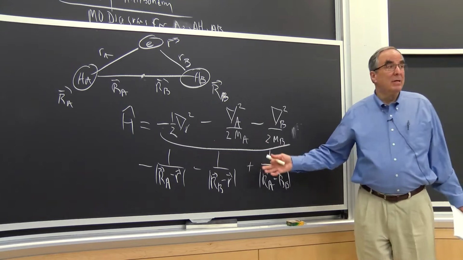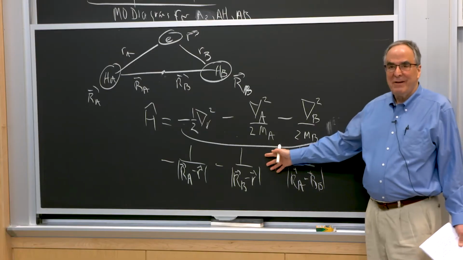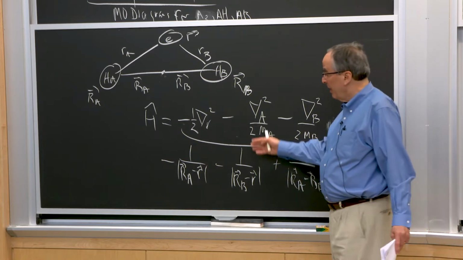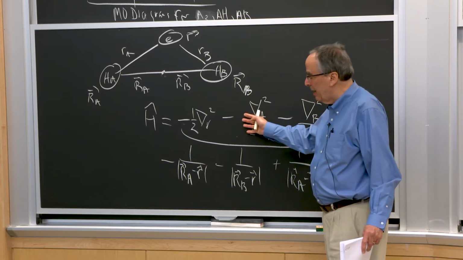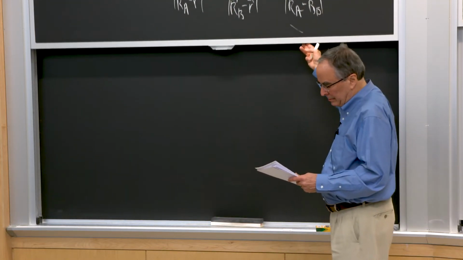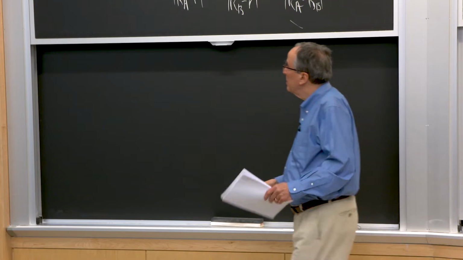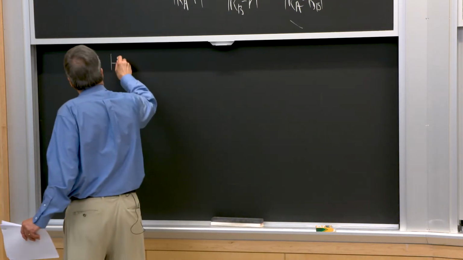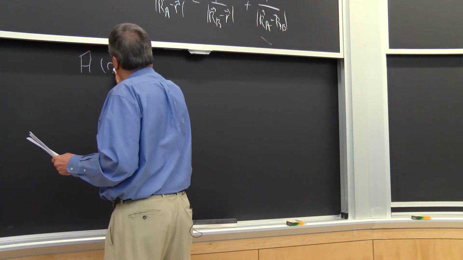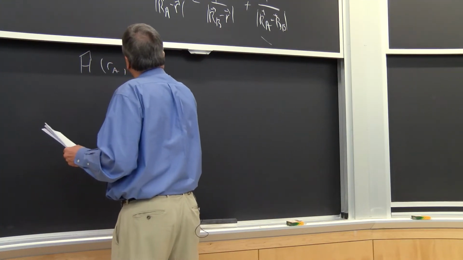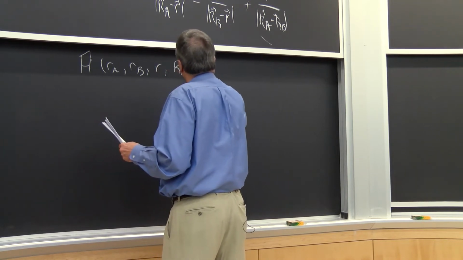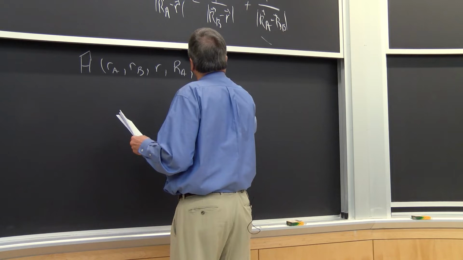Okay, that's it. Now, that's a lot of stuff, and we'd like to make a lot of it go away. But again, we have potential, and we have kinetic energy, and we have potential energy. So as I've written it, the Hamiltonian, which is our big problem, is a function of Ra, Rb, R, big Ra, big Rb.